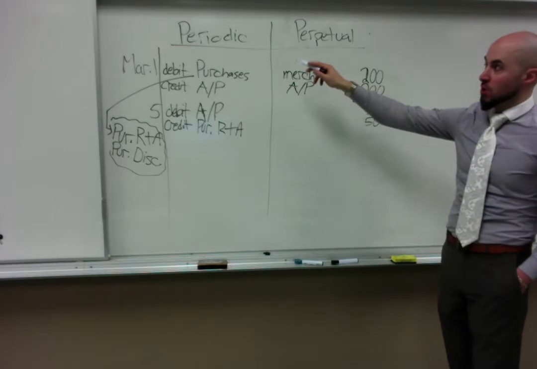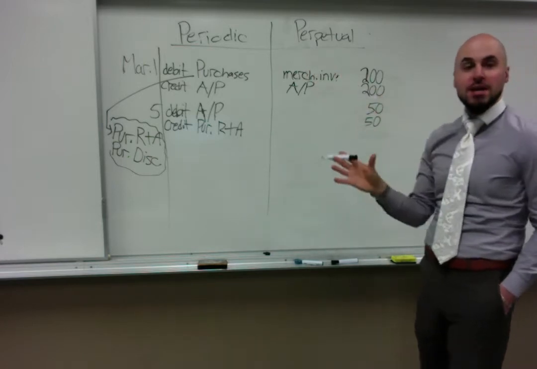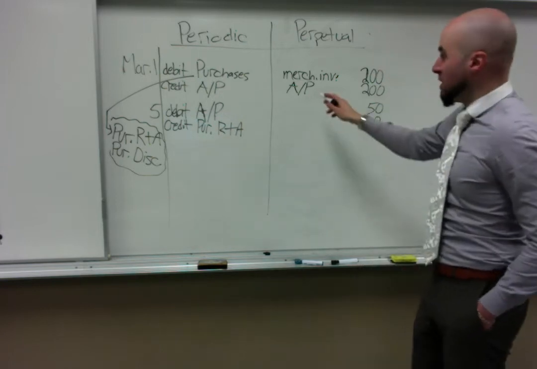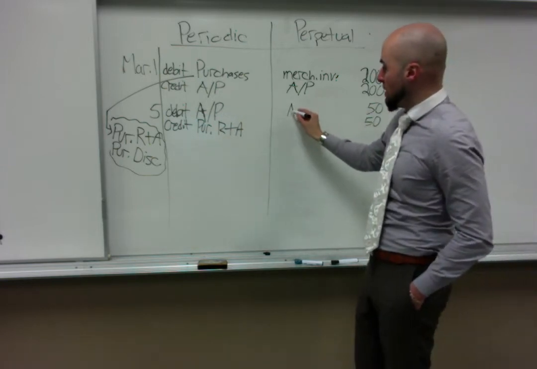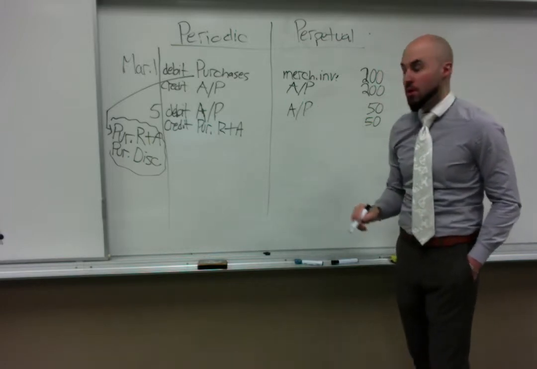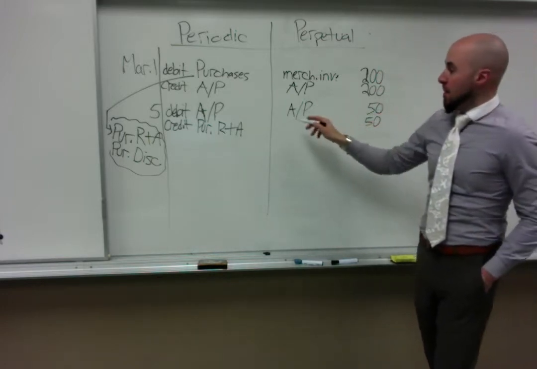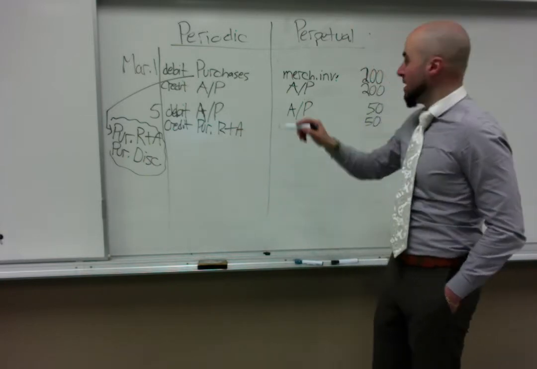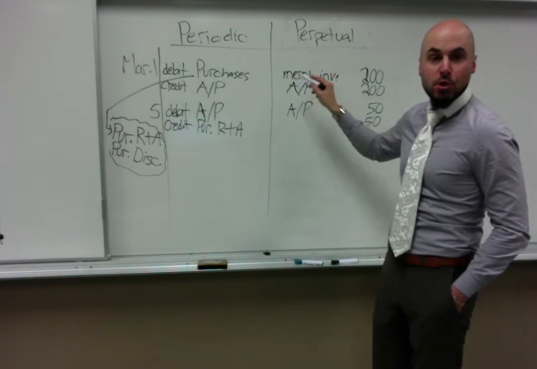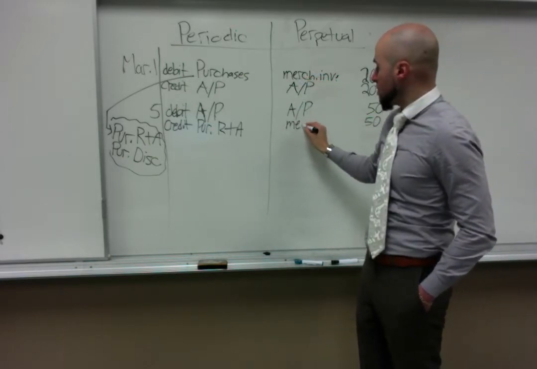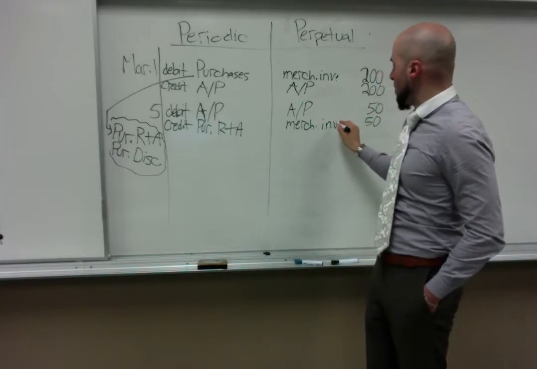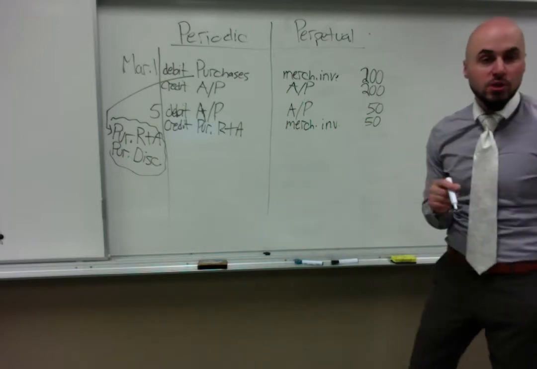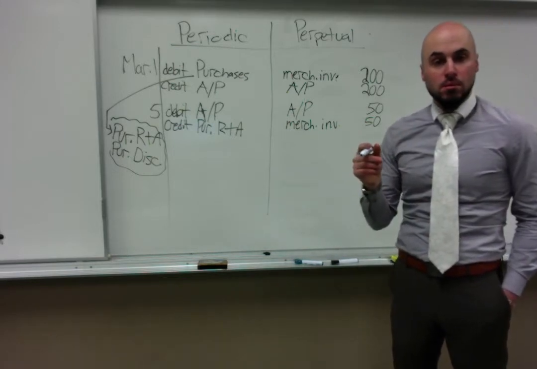Also, though, similarly in the periodic system, you are required to pay $50 less than you were initially expected to pay. So that means accounts payable also goes debited here in the perpetual system for the 50. But instead of purchase return and allowance, we are going to credit the asset, merchandise inventory, which is a debit.